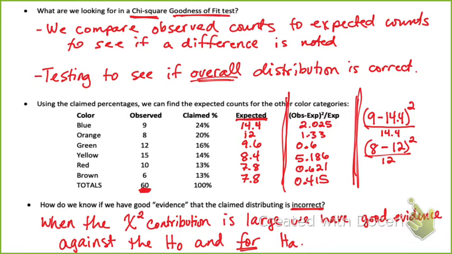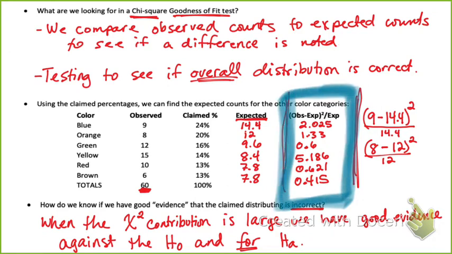So here's what we're going to do next. We're going to add all of these chi-squared contributions up. Now, in a perfect world, when we get every single color exactly what it should be, then when I add all these numbers up, I end up with 0.